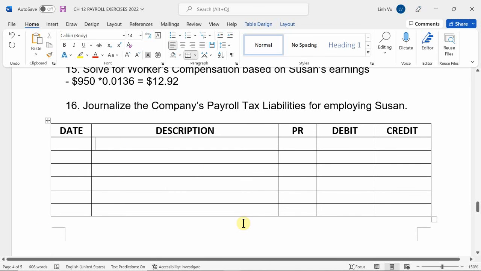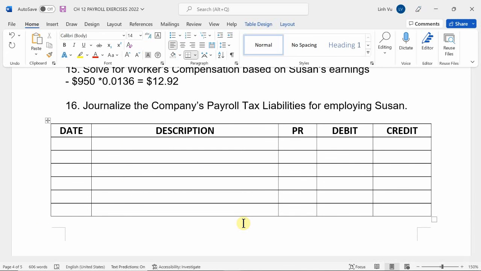How do I journalize this? It will be payroll tax expense, for $170.70. What else?